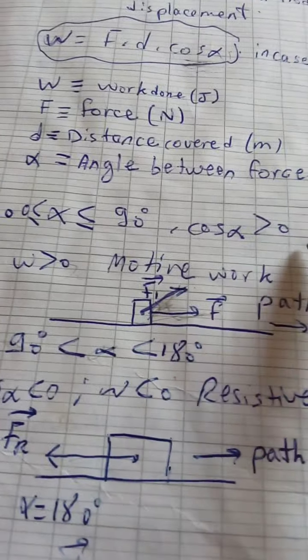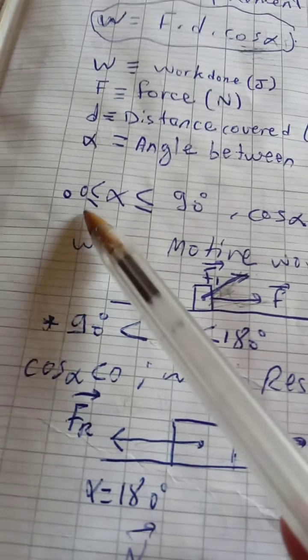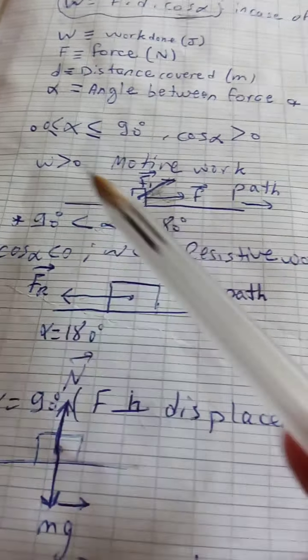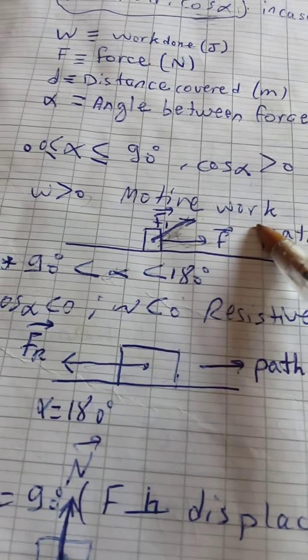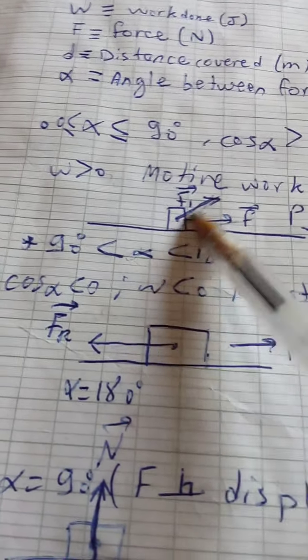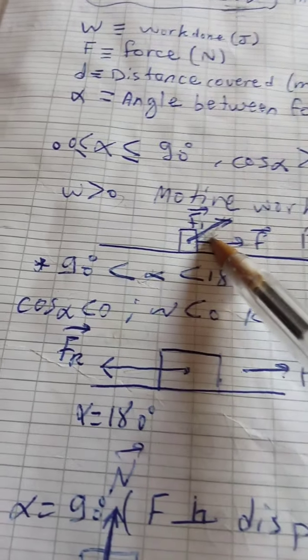The cosine alpha is greater than 0 if alpha is between 0 and 90 on this path. Here, work is greater than 0, a motive work. And these are the forces F1, and the forces make an angle alpha.